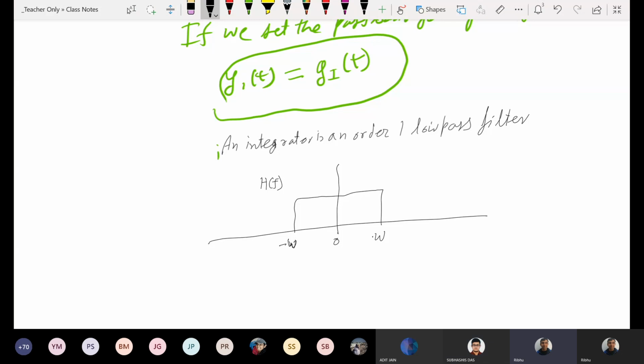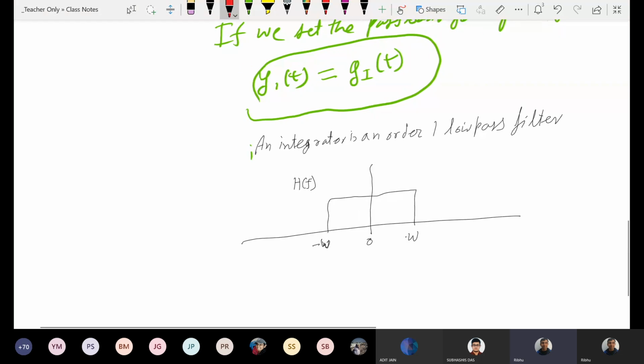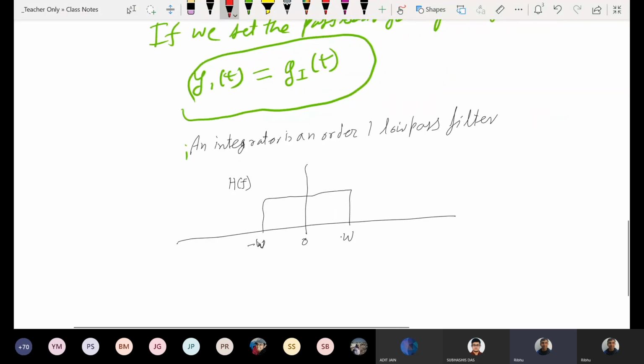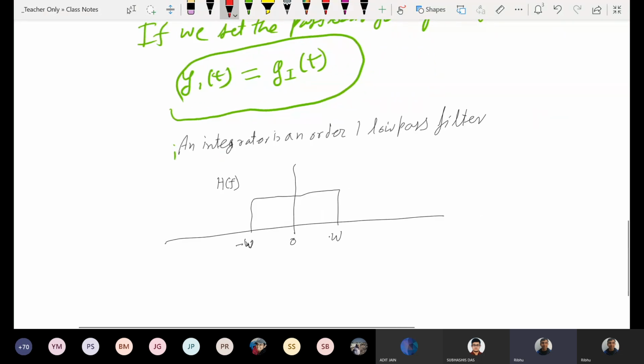But once you say that you want an order 1 low pass filter, you cannot have brick walls. The quality of the brick wall improves with the filter order. So an order 1 low pass filter would look somewhat like the response of an order 1 low pass filter.